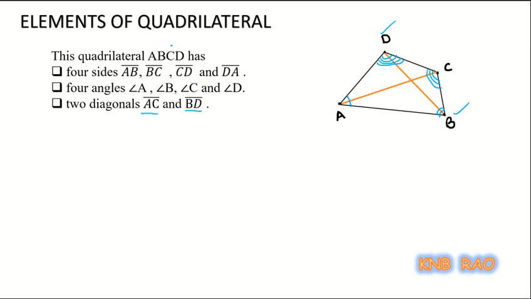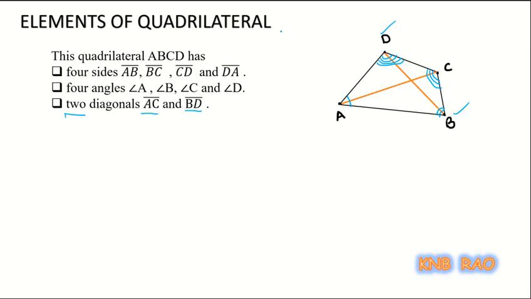Joining non-adjacent vertices, specifically only in a quadrilateral, opposite vertices. If I join opposite vertices in a quadrilateral, I'll get diagonals. How many diagonals are there? 2 diagonals. So these 4 sides, 4 angles and 2 diagonals put together are the 10 elements of a quadrilateral.